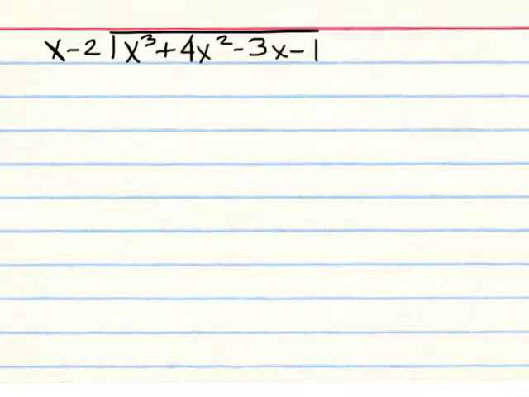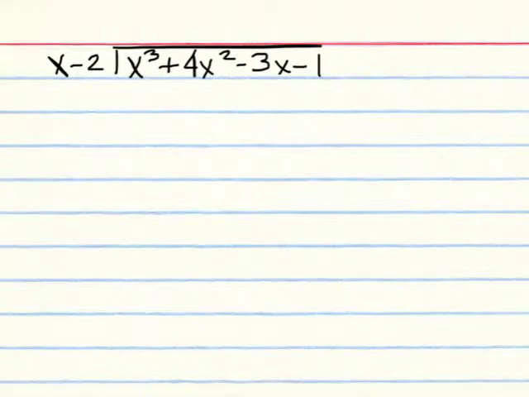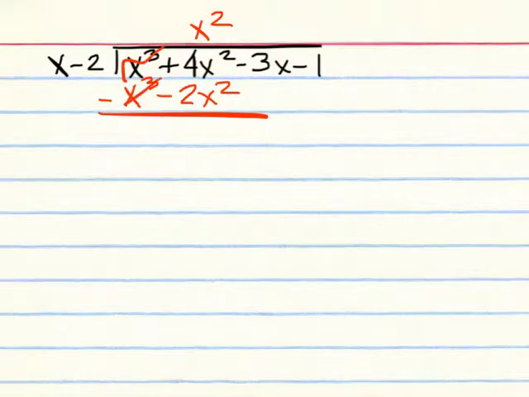Solution for the practice problem. You have to multiply x by x squared to get x cubed, and then you'll also have minus 2x squared. Subtract and cancel, and you're left with 6x squared. Drop the minus 3x.